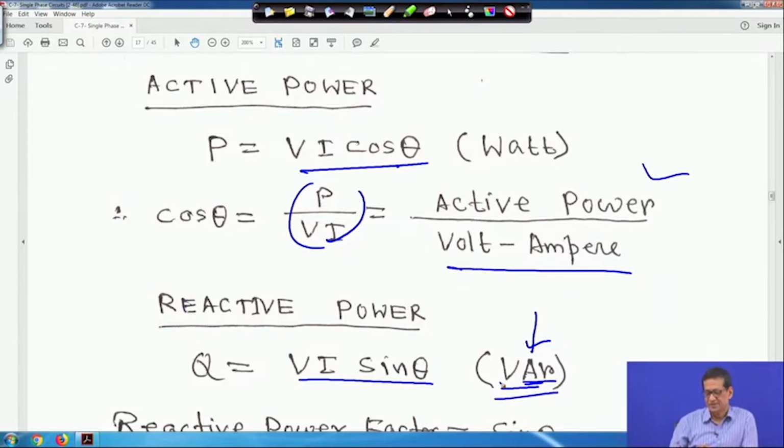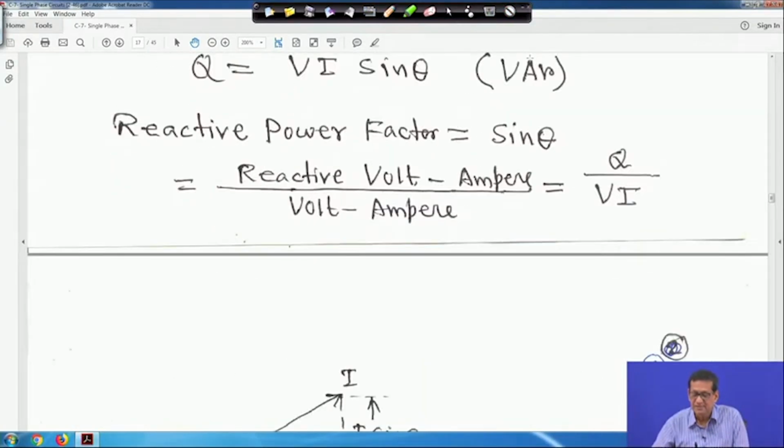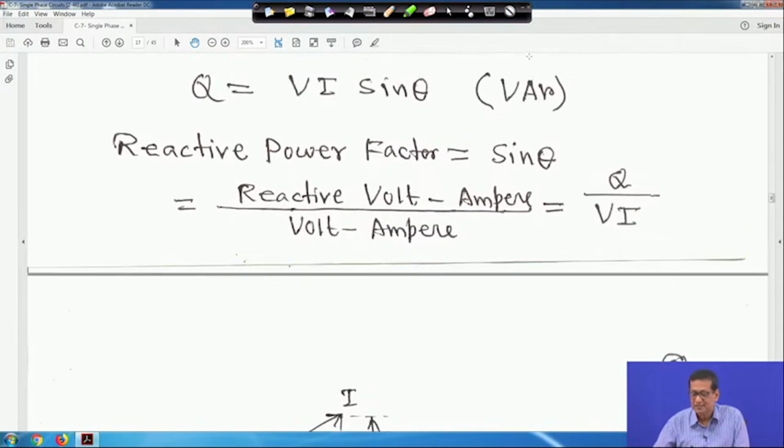So Q is equal to VI sin theta, the reactive power. Then sin theta is equal to Q upon VI, the reactive volt ampere by volt ampere.